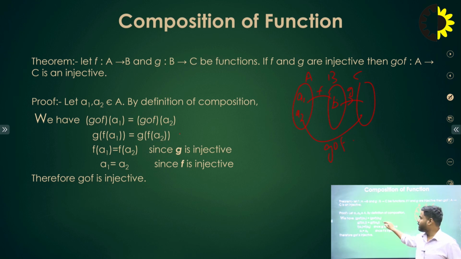So we have g(f(a1)) = g(f(a2)). Since the question has given g as injective, we can remove the g. Now a1 = a2 because f is injective. In the question it is given that the functions f and g are injective. Therefore g∘f is injective.